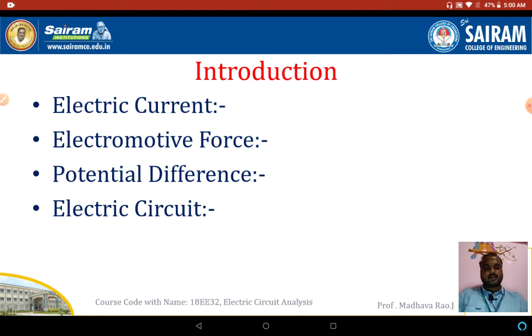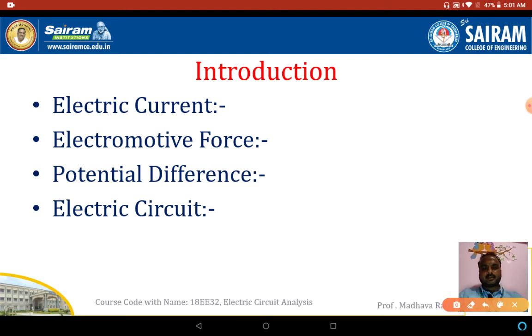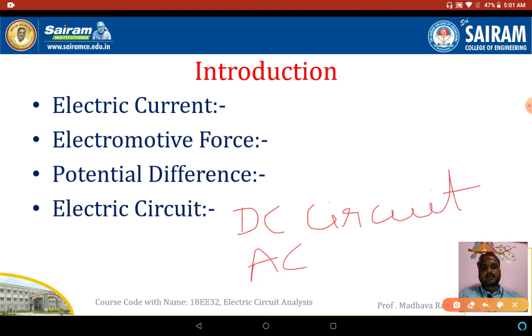Electric circuits are of two types: one is the DC circuit, and the other is the AC circuit.